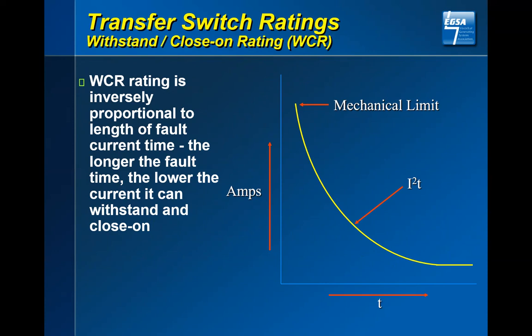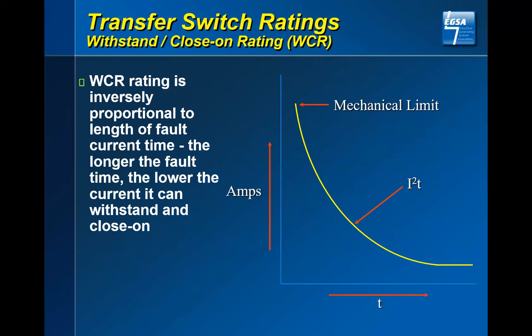As we go across the bottom, all the way out potentially to a 30 cycle, a half second, 30 cycle switch, you can see I'm at a much lower capability. I may be able to withstand 65,000 for 3 cycles. I may only be able to do 30,000, 38,000 if I'm hanging all the way out there for 30 cycles.